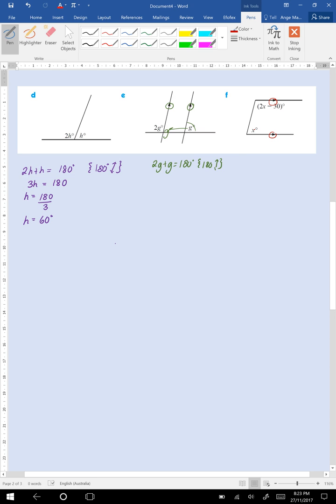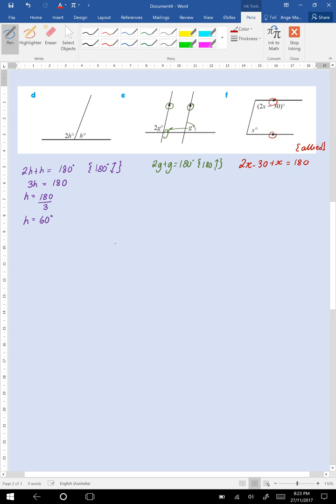We don't keep it in our heads, we write it down on paper. So 2x take 30 plus x has to equal 180 degrees. And we should squeeze our little reason in there because they're allied.